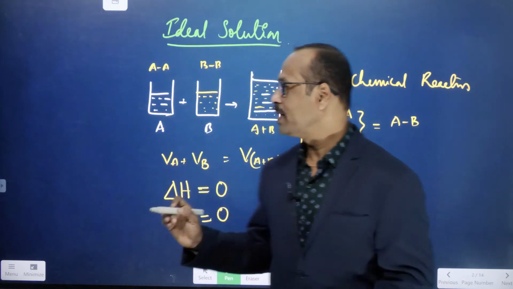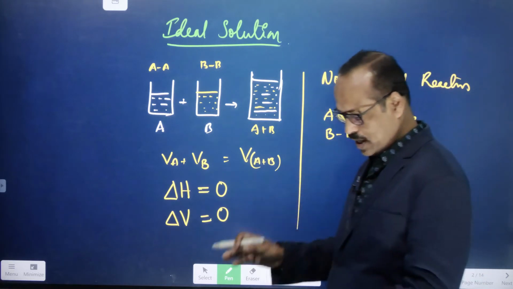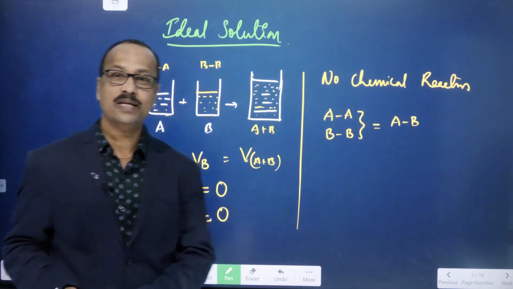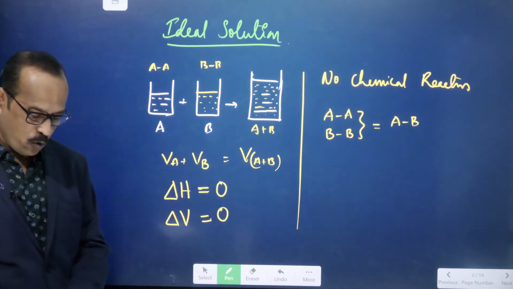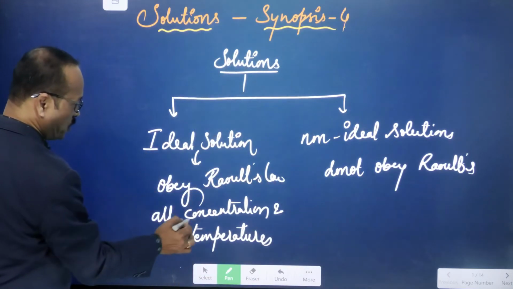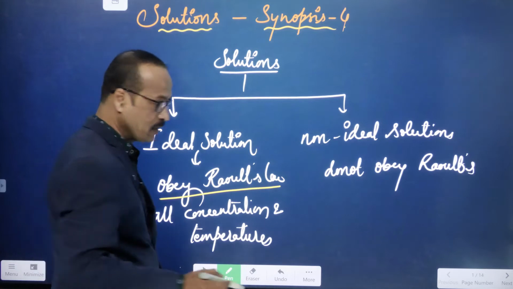Means what? AA attraction or BB attraction is equal to AB interaction. And for those solutions, what are the conditions? See, students, here they obey Raoult's law. This already we discussed. So ideal solutions obey Raoult's law. See in your page number 43, can you see here?